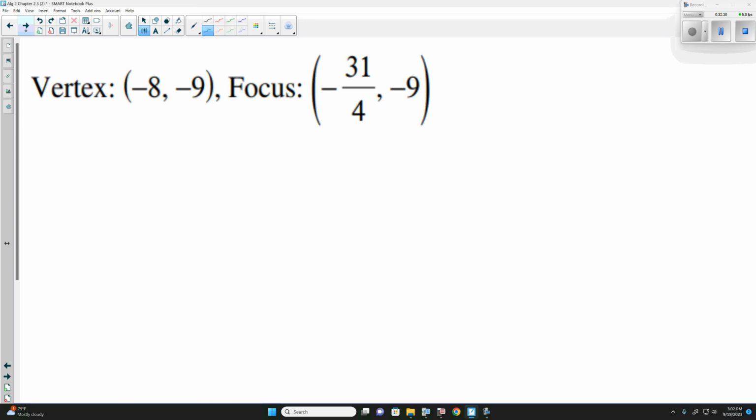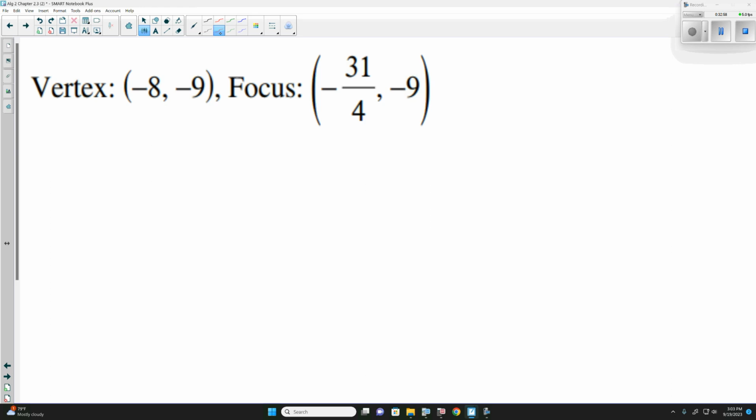Yeah, so this one has vertex and focus. The next one does have directrix, but it's directrix and focus. We'll look at it tomorrow, but we will still have a few more. So no homework today? Now, I am giving you the homework sheet, so that you have it.